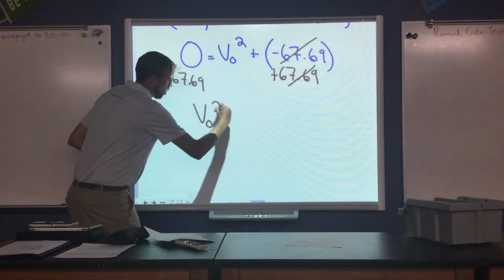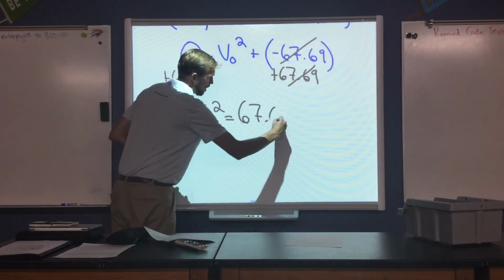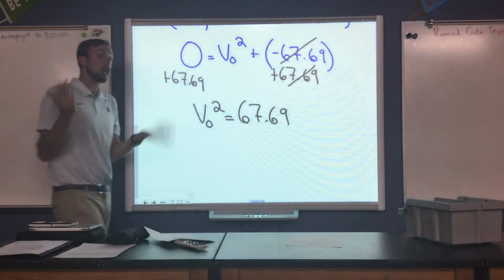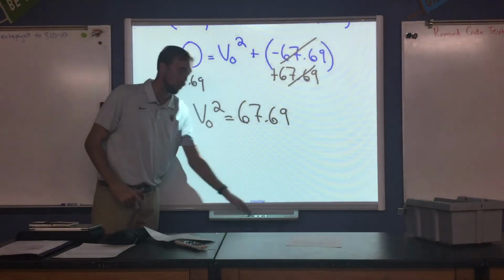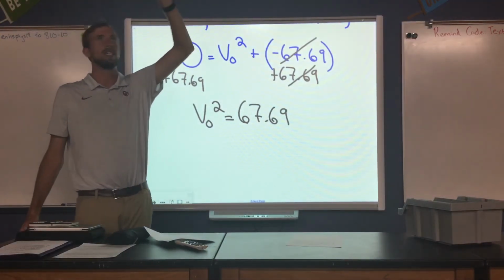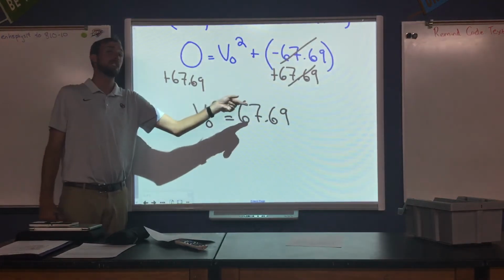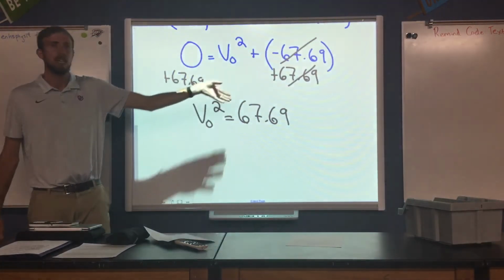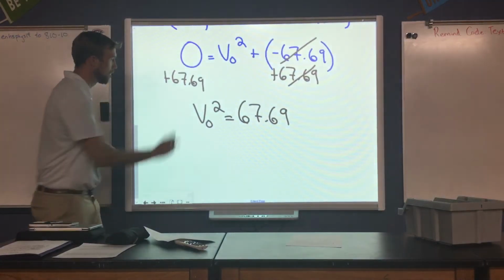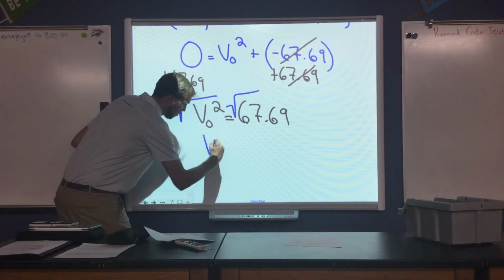We'll be left with v0 squared, writing it with our variable first, is equal to 67.69. Now again, logically that probably shouldn't be our final answer. We're launching something about 3.5 meters, or roughly 10 to 12 feet, in the air. It's probably not going to be launched at over 100 miles an hour, which means we need to take a square root to get v0 by itself.